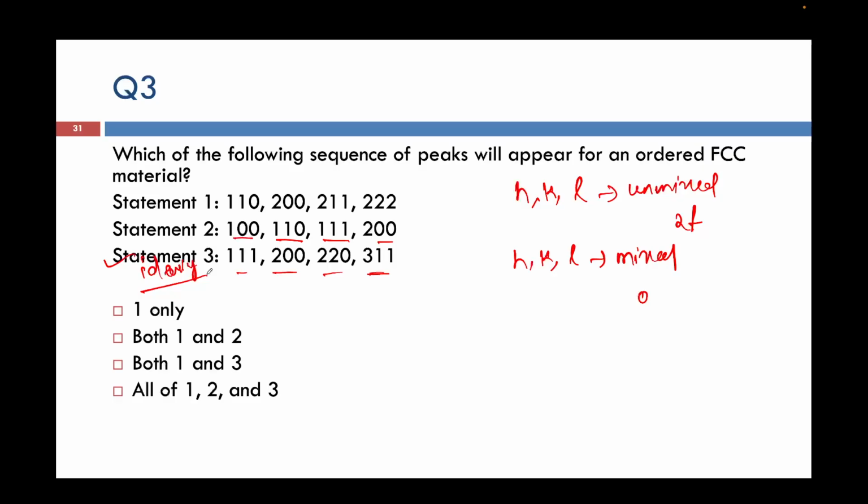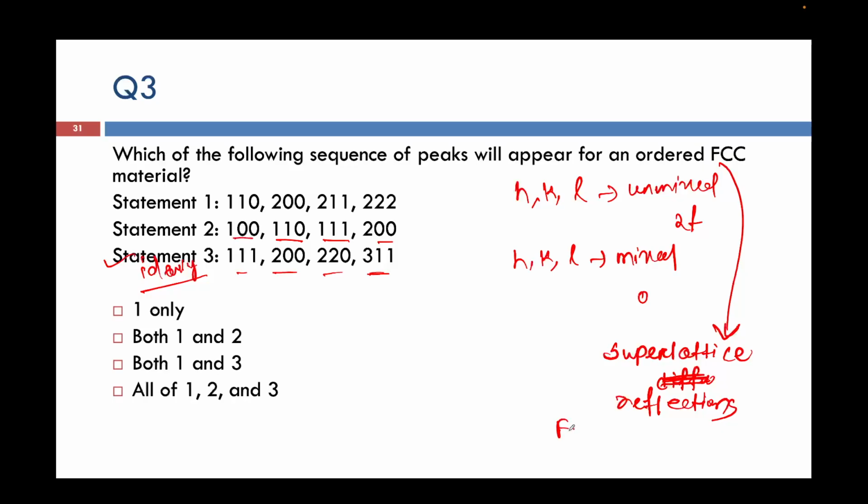When an ordered crystal is formed, in TEM diffraction we get superlattice reflections. These superlattice reflections are the forbidden reflections.